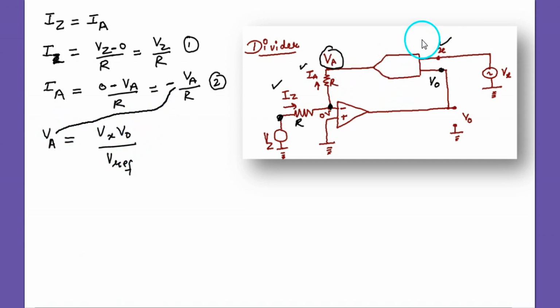Now, for this multiplier, there are two voltages, Vx and V0. Therefore, the output here, Va, will be equal to, by the formula of the multiplier, Vx into V0 divided by V reference.